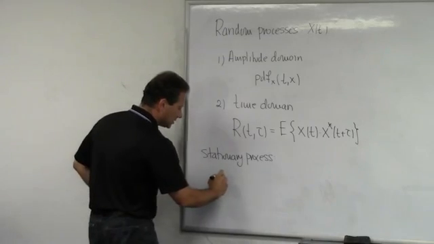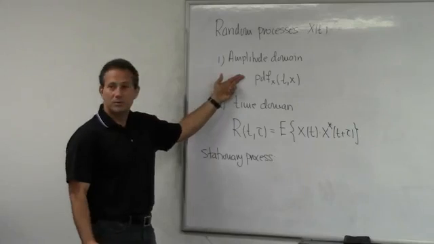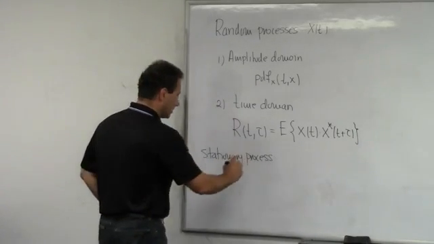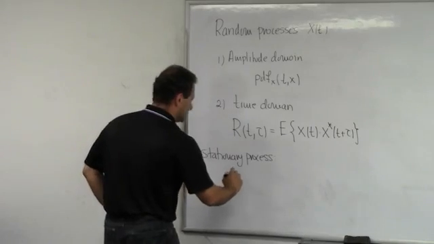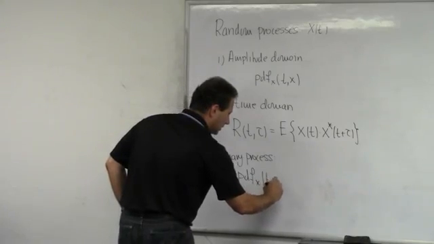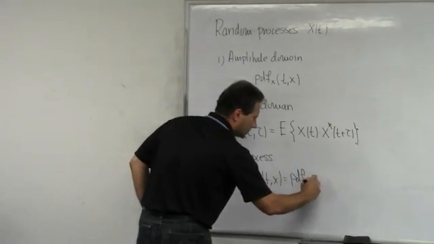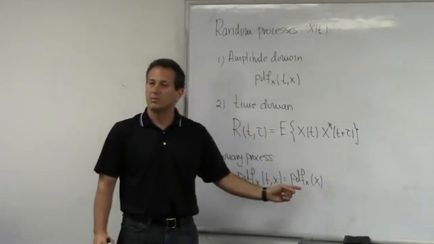Essentially the process is stationary if it is stationary in the amplitude domain and in the time domain both, right? So if the process is stationary, we have a first condition that is PDF x of t x is just a PDF x of x, meaning that for every t, you get the same distribution in the amplitude domain.